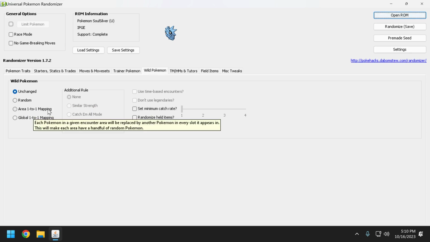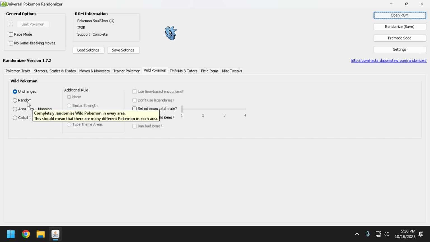So one way to counter that is area 1-to-1 mapping. When you do regular random, I've already tried this out, I spent hours testing this, you tend to see humongous quantities per area, per route, or whatever it is. You tend to have like 10 or 12 different Pokemon slots in every single route you go on.